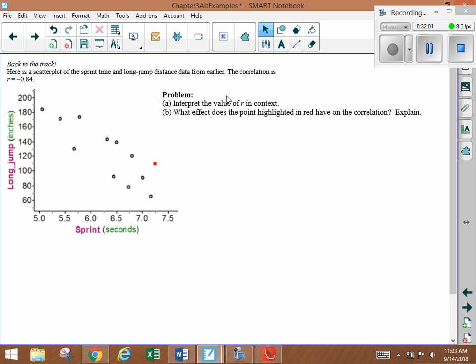So now we're not going to talk about there being an association or a relationship. We're going to actually use the word correlation, right?